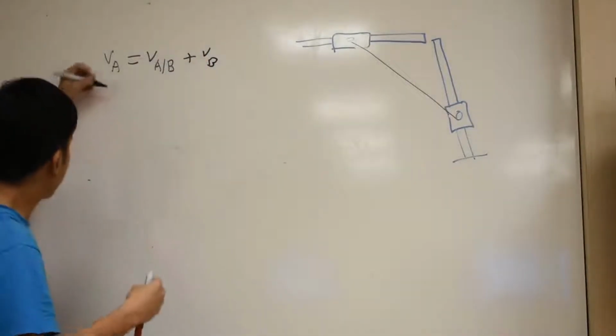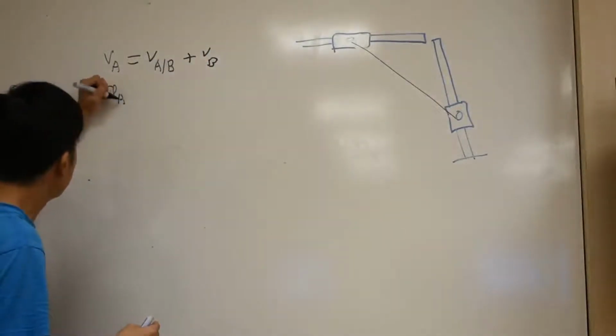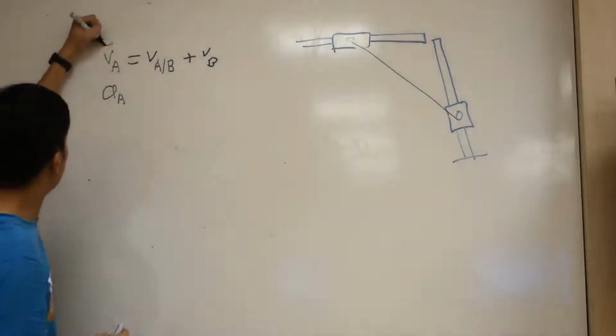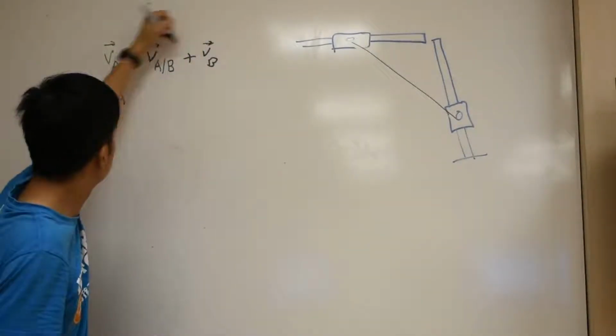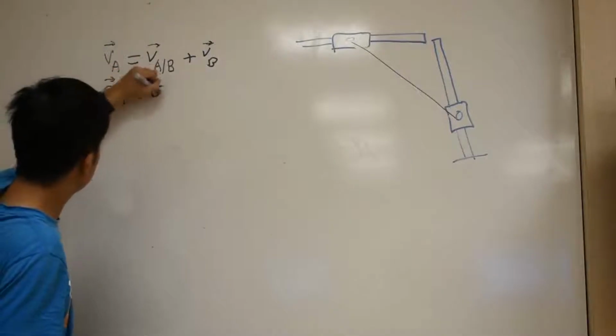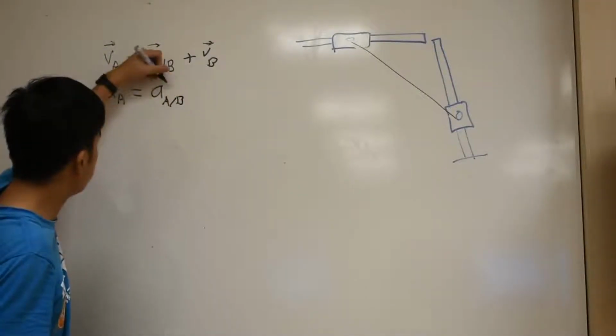In terms of acceleration, just like what you see in the velocity form, and I forgot the vector sign here, acceleration of A equals acceleration of A with respect to B plus acceleration of B.